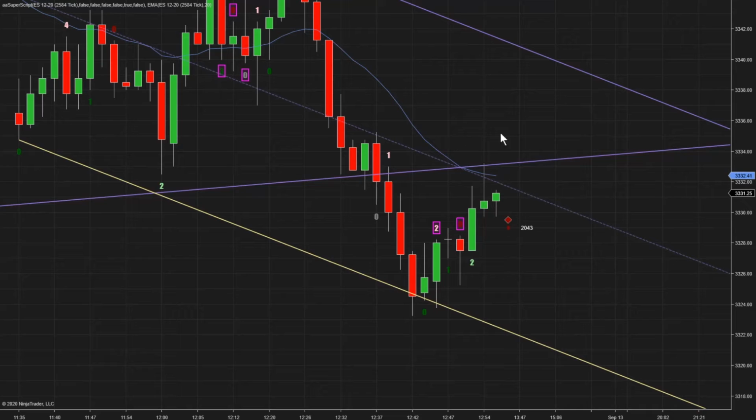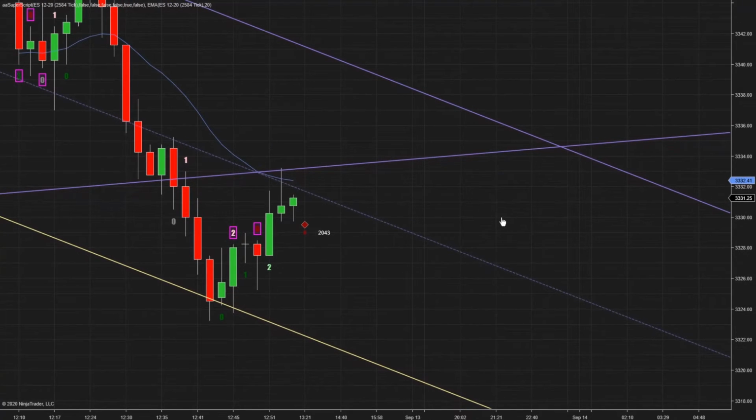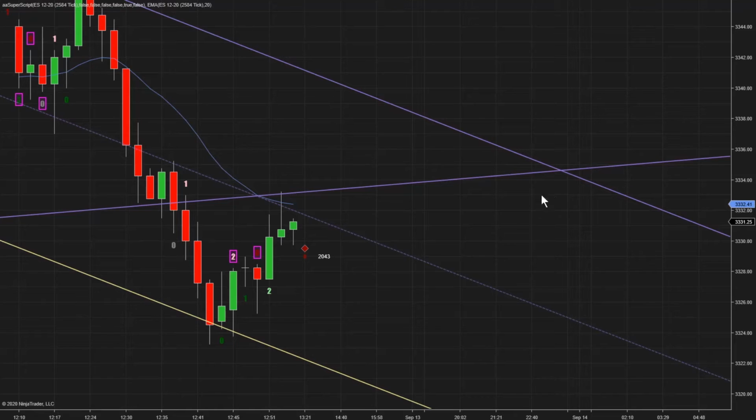With this rejection here, we have an excellent signal bar, trying to find our two-legged pullback. If you remember, a two-legged pullback is simply this pattern here: A, B, C. First pullback, first entry, second pullback.